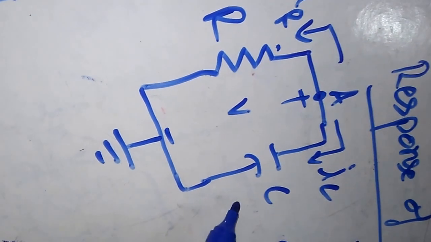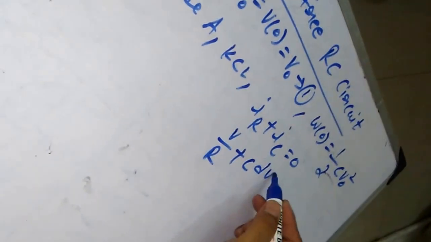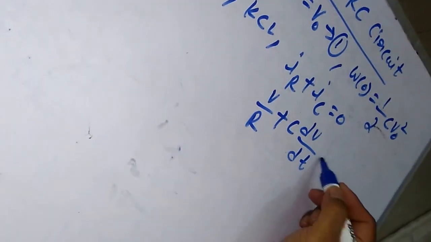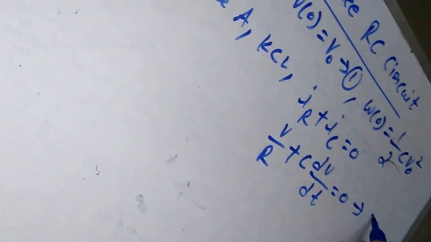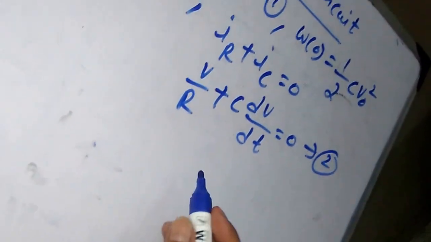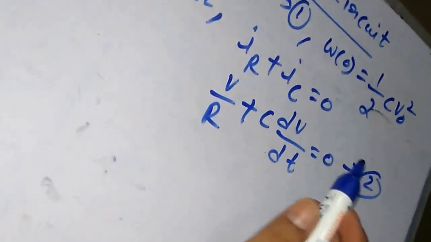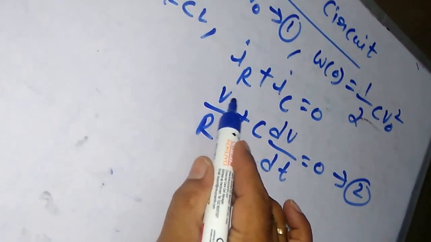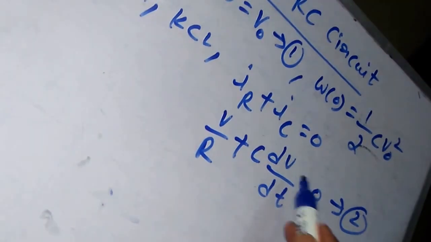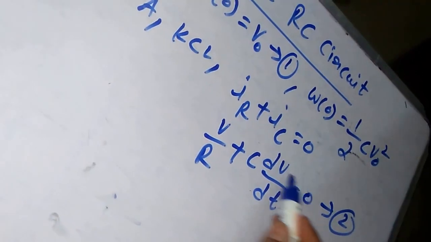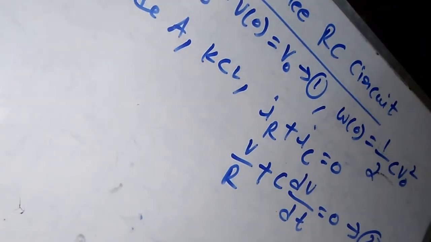So this IC you can write as C into dV by dt, equal to 0. This is equation 2. Now for a given circuit, R and C will be constant, and V is a function of time in this expression, and here also V is a function of time. We need to get an expression for V of t.